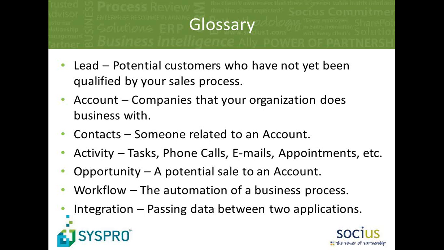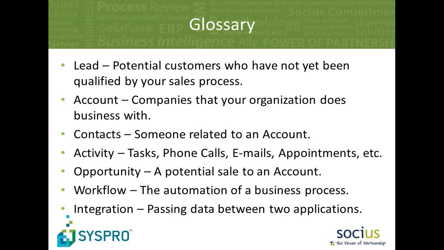Sometimes you'll hear it called your list, or it's just people that you want to stay in contact with, but they're not necessarily customers. They're not qualified enough through your sales process to really track them in detail. And that in the CRM world is called a lead.